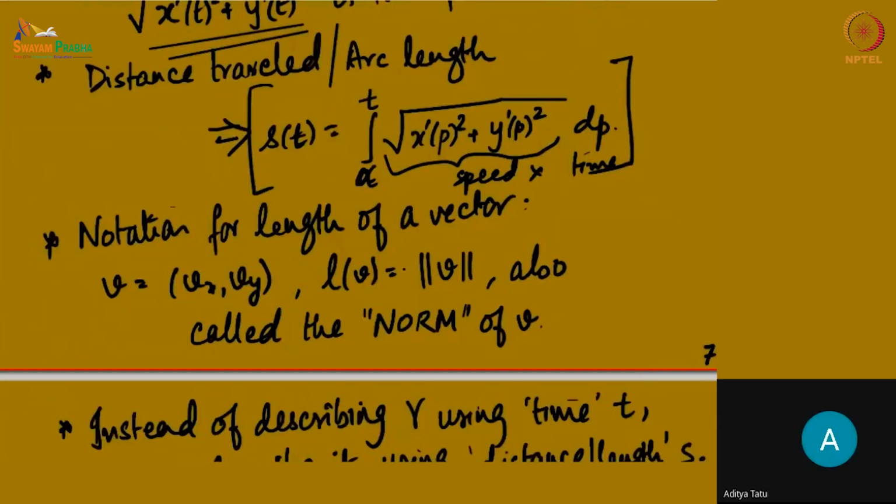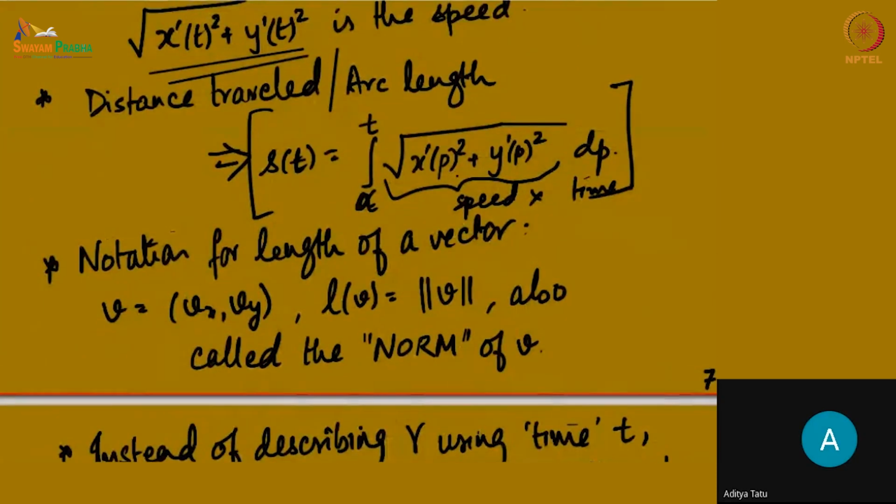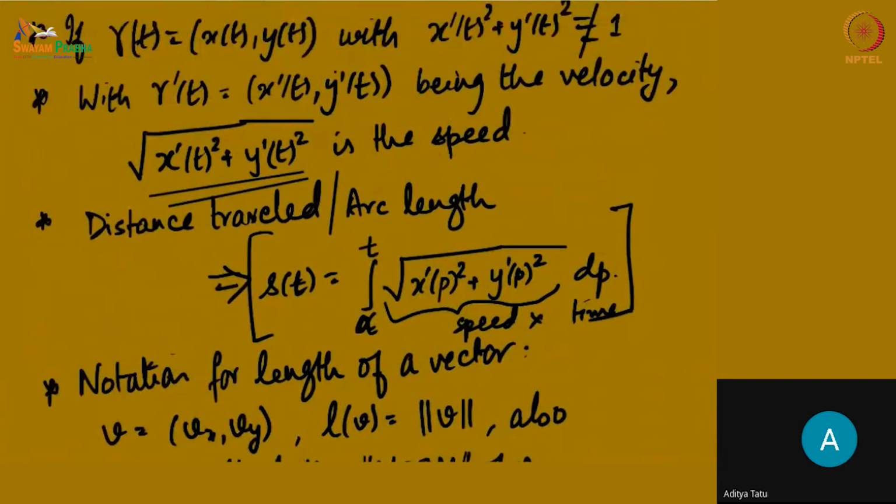So at every point P, I know what the velocity is. Velocity is x dash t, y dash t, so that's your velocity. Just using the same concept that distance is speed into time, the speed changes at every time. So what can I do?